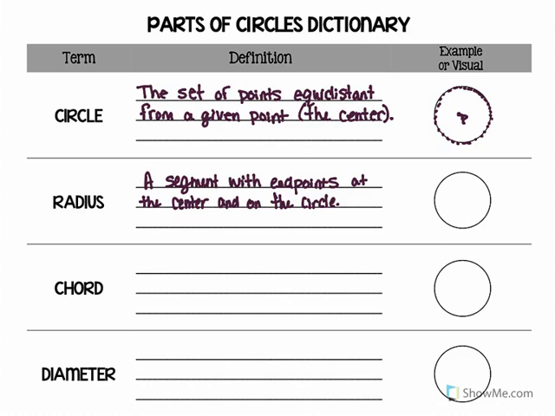So if we have our center P again, and I have a point A on the circle, PA would be a radius.